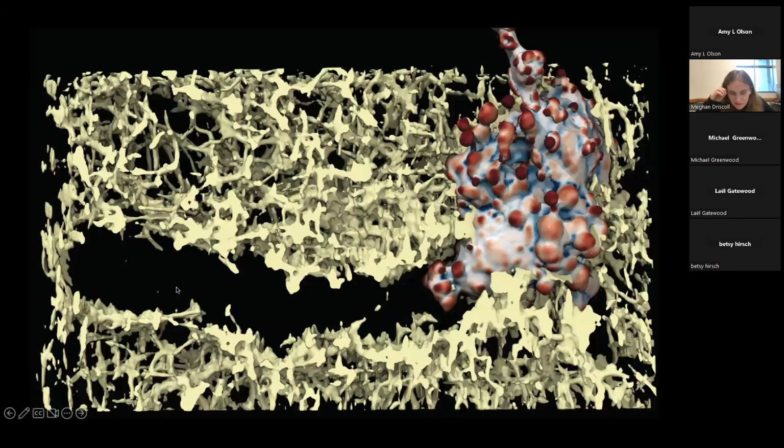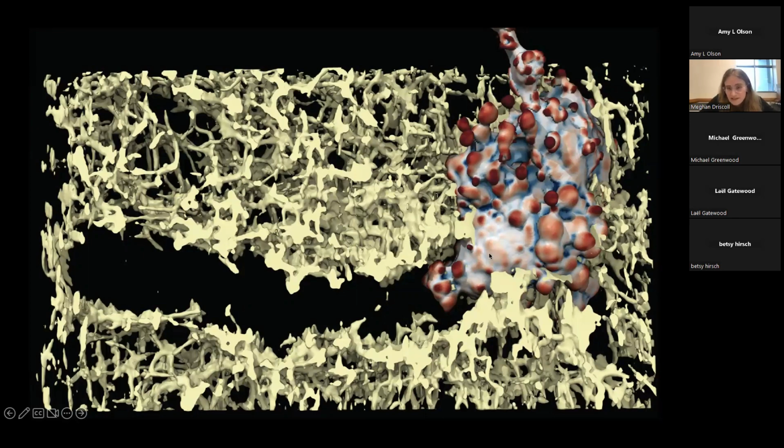Okay, because the way microscopes work, there's a lot of background from the collagen, and it is difficult unless you have very high resolution imaging. I mean, we have seen it in other microscopes, but it is much harder to do.